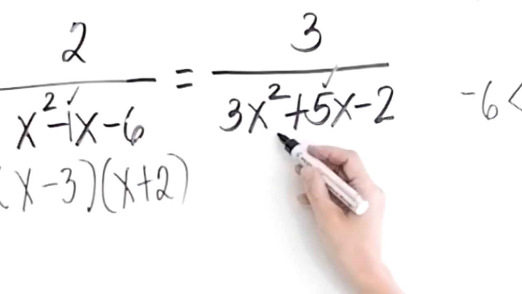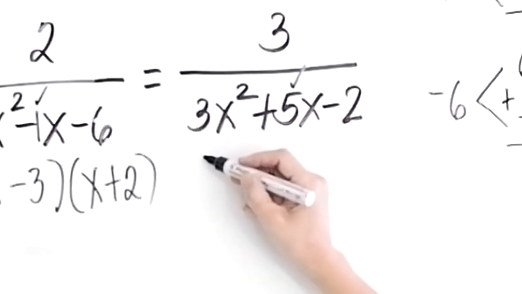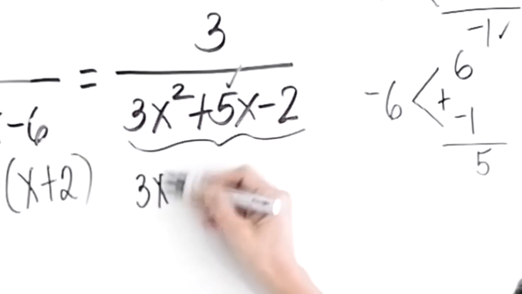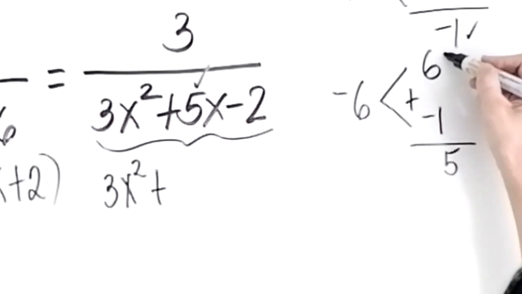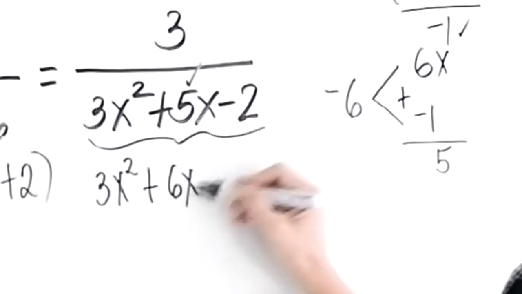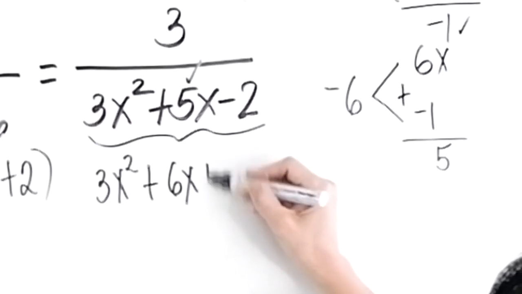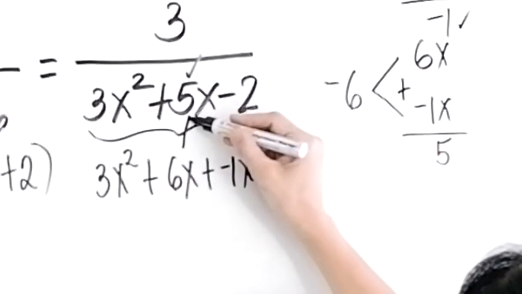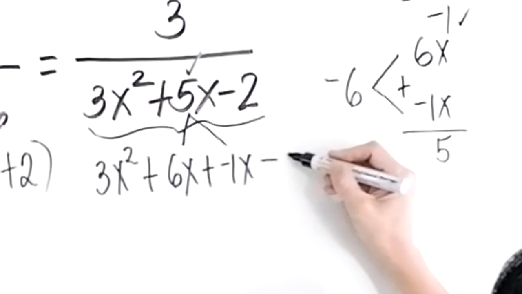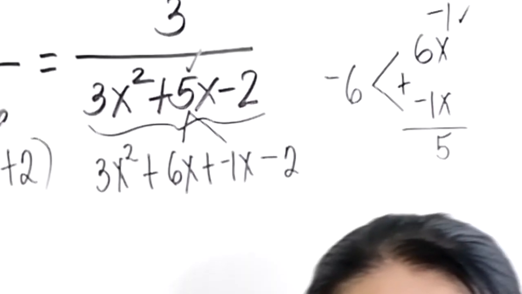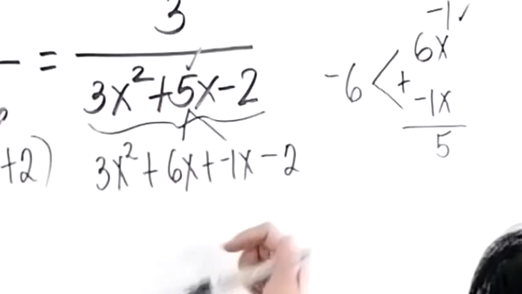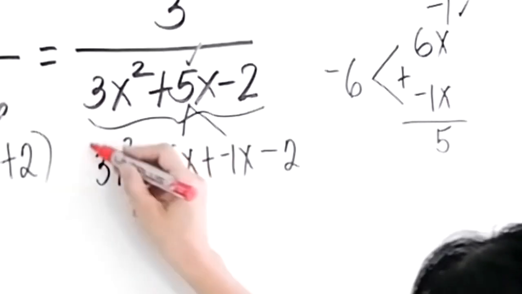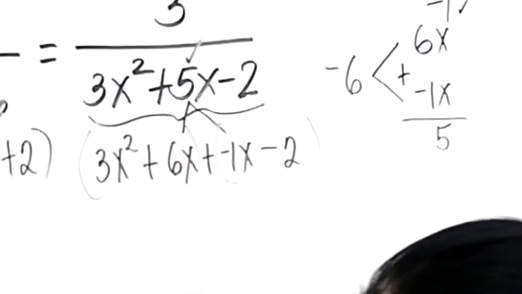And then, what did we learn here? We can now rewrite this as 3x squared plus, this one becomes 6x plus negative 1x. This is now negative 1x. Rewriting 5x. Your factoring technique which you learned when you were in grade 7. And then you group the first two and the last two.